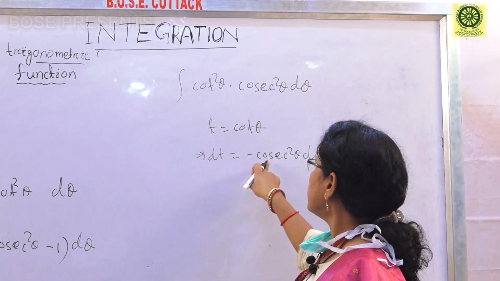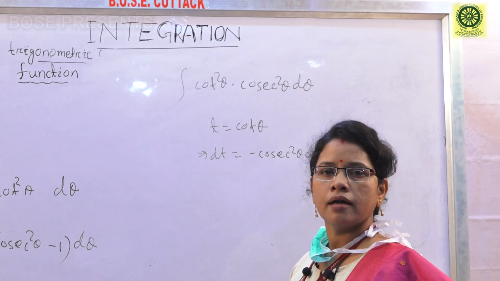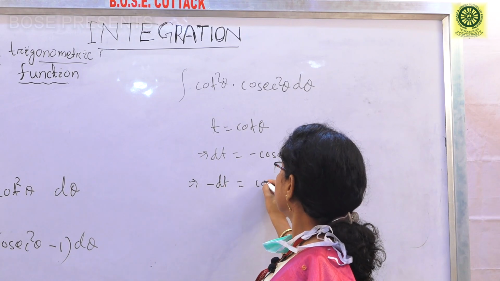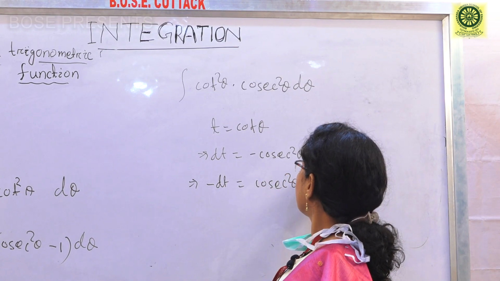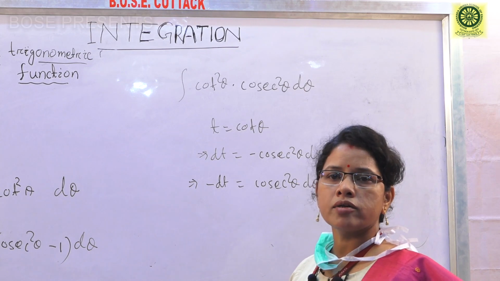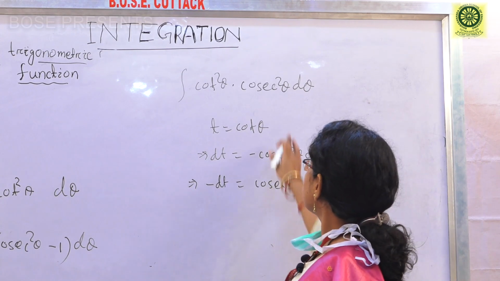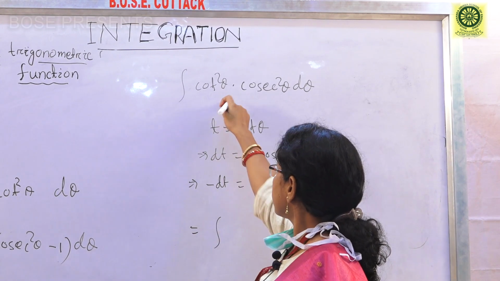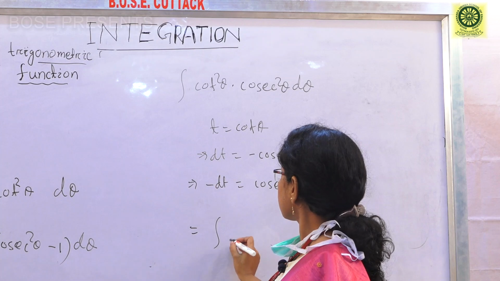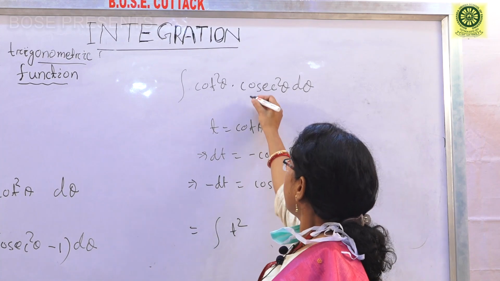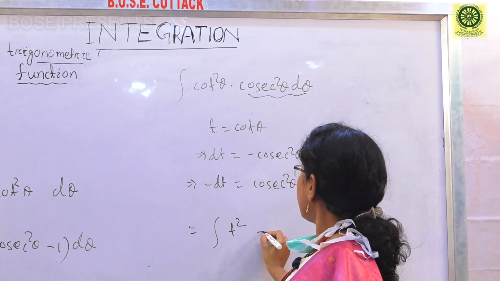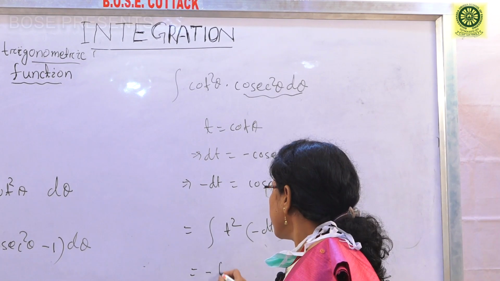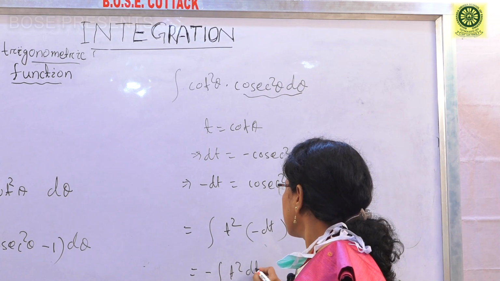That implies dt is equal to minus cosec square theta d theta, so minus dt is equal to cosec square theta d theta. By using this substitution, this integral becomes: cot square should be replaced by t square and cosec square theta d theta should be replaced by minus dt. Then this will be minus t square dt.